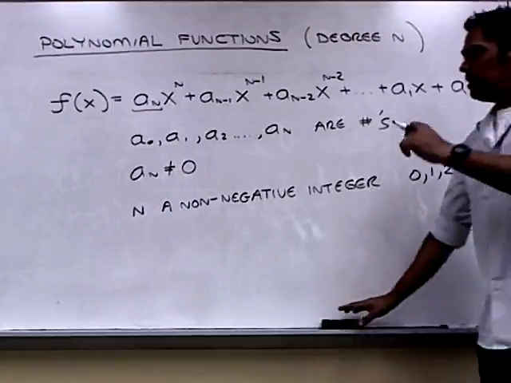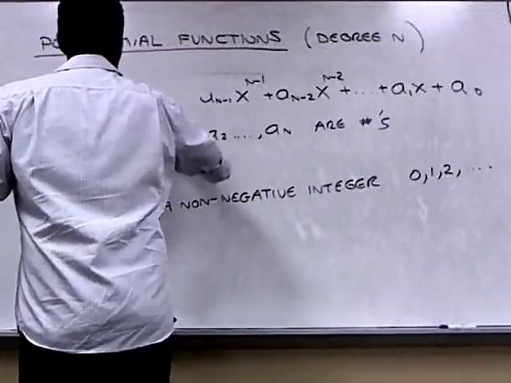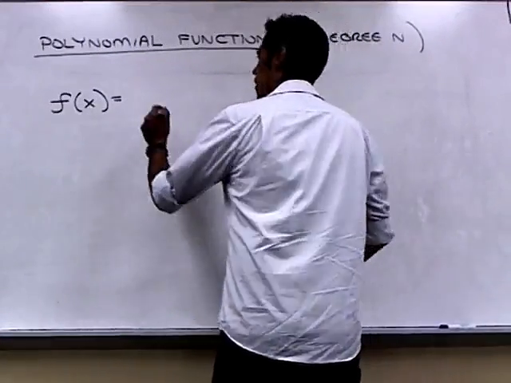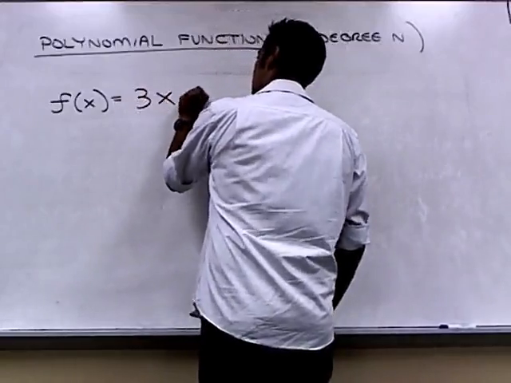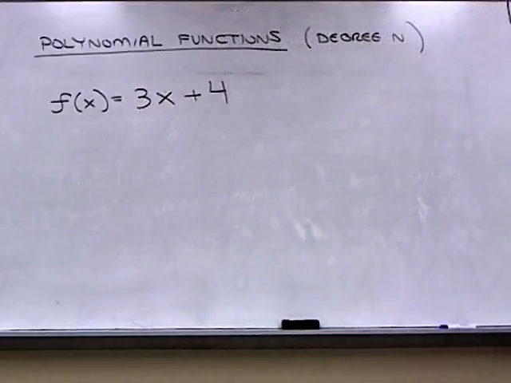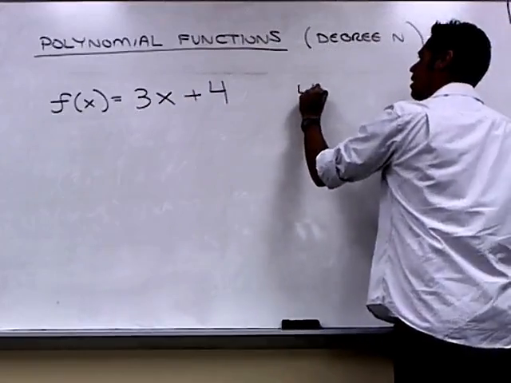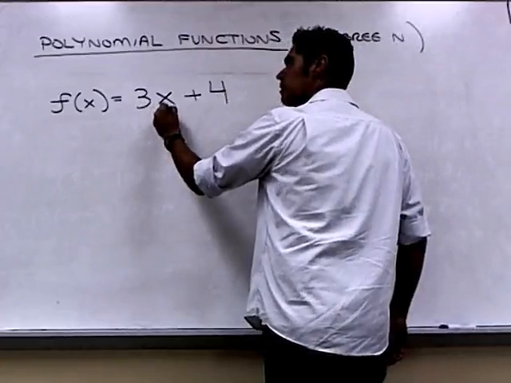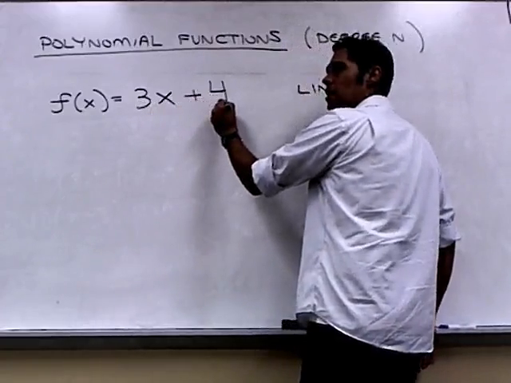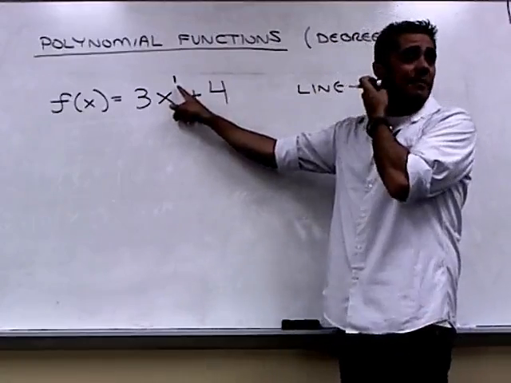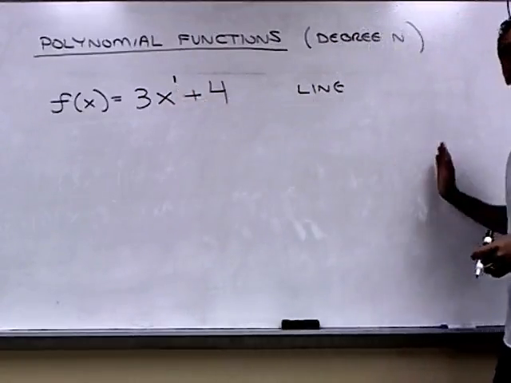Now, we've seen examples of this before. What about this? If I ask you to graph that, could you? What is that? It's a line. But do you agree that it's a number in front of x, and then a number by itself, and this has a power? Is that power a non-negative integer? Was that a 0, 1, 2, 3, or 4, 5?